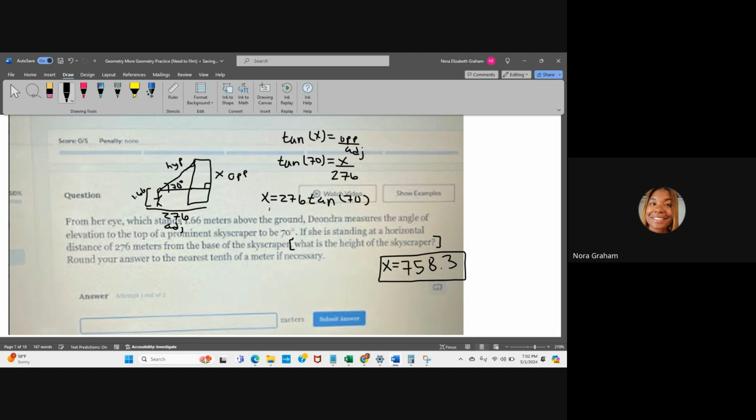You plug this into your calculator. Okay, I'm not going to show any calculator work on here. Actually, let me plug it into my calculator just so I make sure we're getting the right answer here.